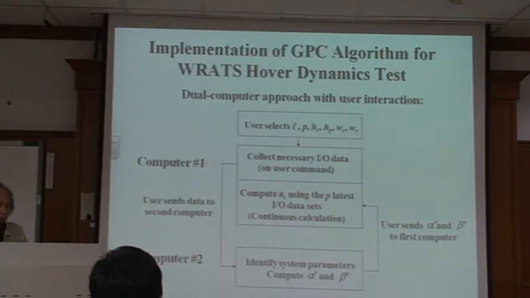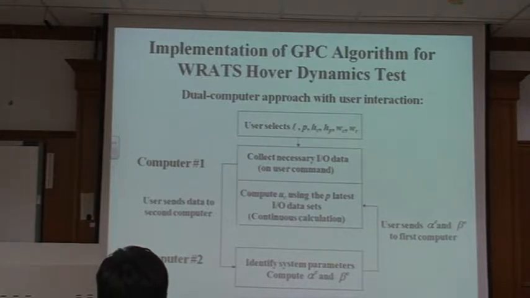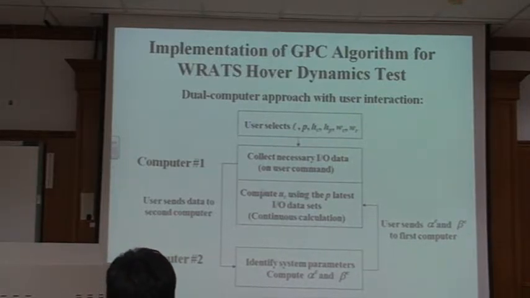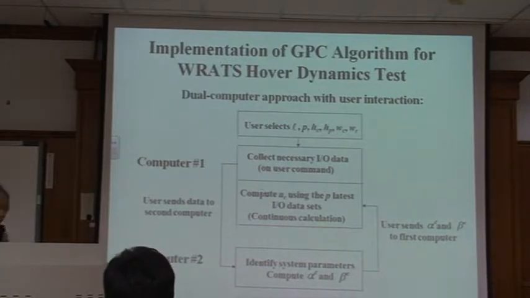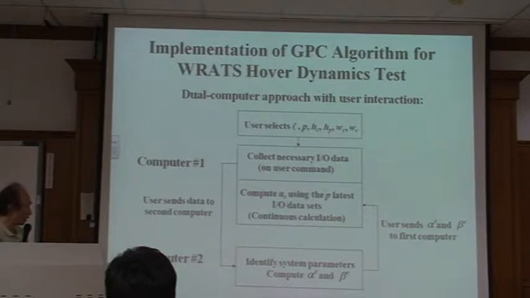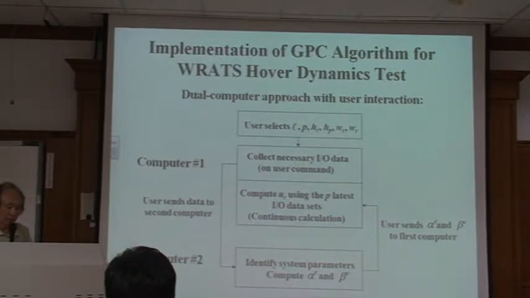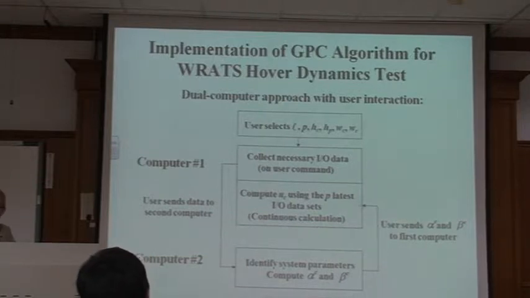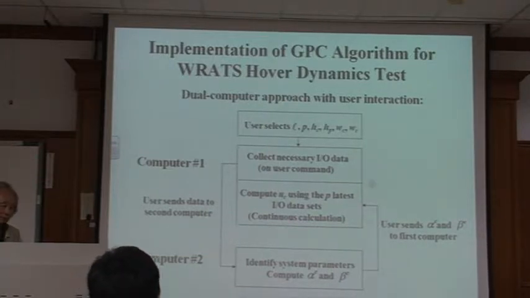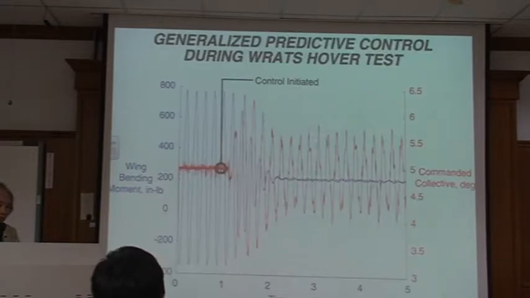One notebook collects all the data, performs system ID, computes alpha and beta, and then one computer will identify the parameters alpha C and beta C, and then do the controller, and then give alpha C, beta C to the first computer, and then they will do the control. So this is early time, but now we don't need to do that. Only one processor is good enough to do it.